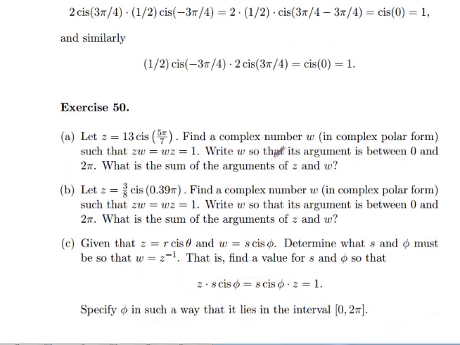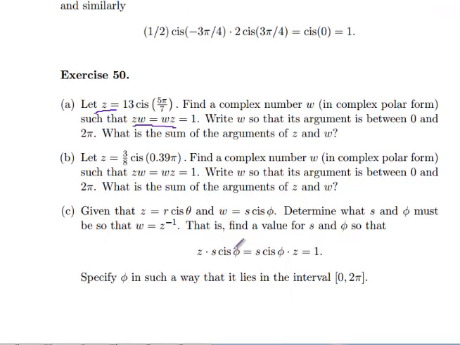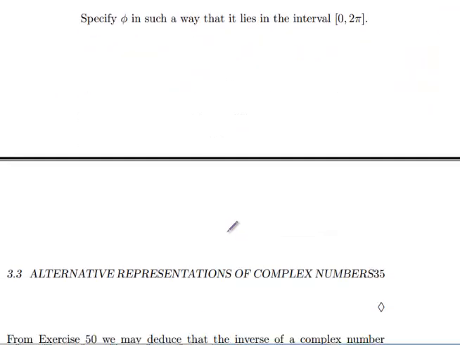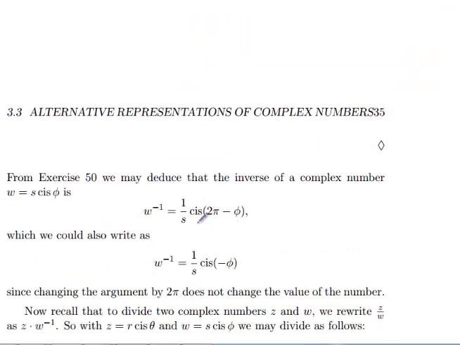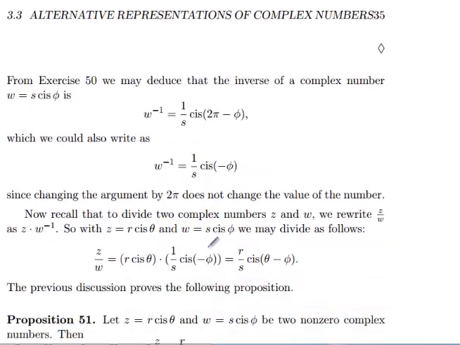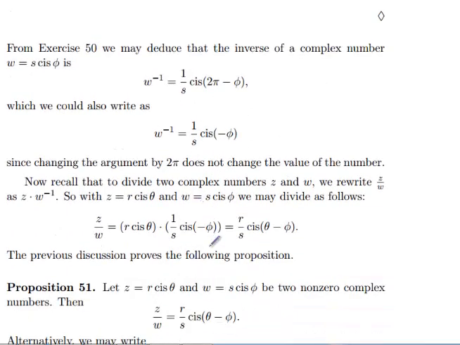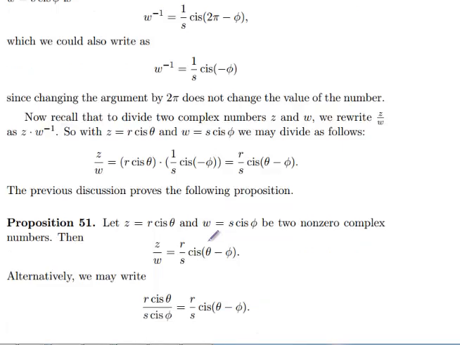And we work through these exercises to see that here you're given a z and you want to find the multiplicative inverse of z. So you're going to find several multiplicative inverses, and then you're going to generalize your results. And using the multiplicative inverse, that will show us how to actually divide numbers in complex polar form. All right, so we'll let you work through those exercises to get that.